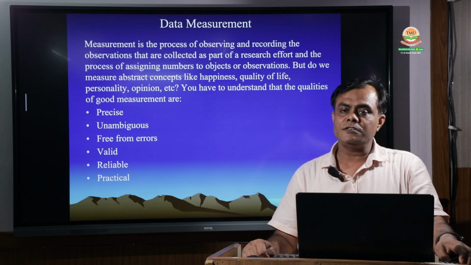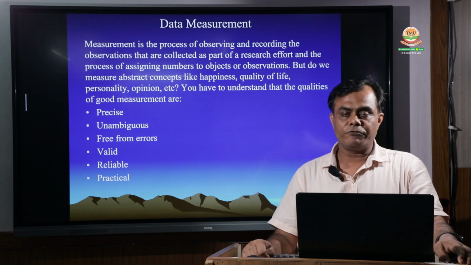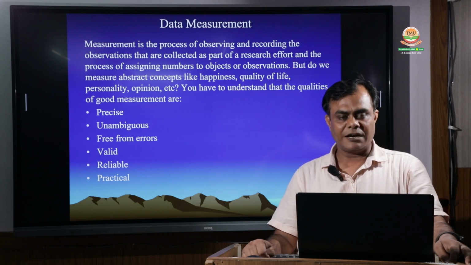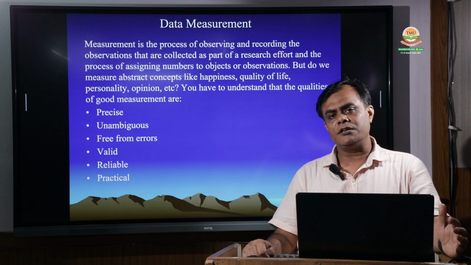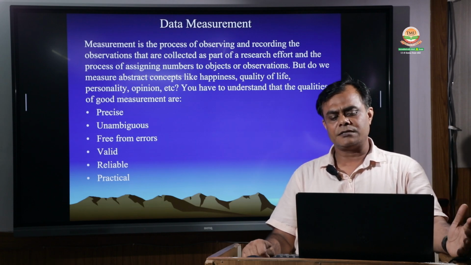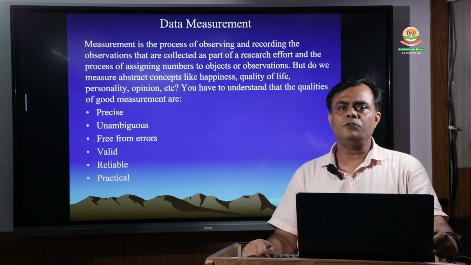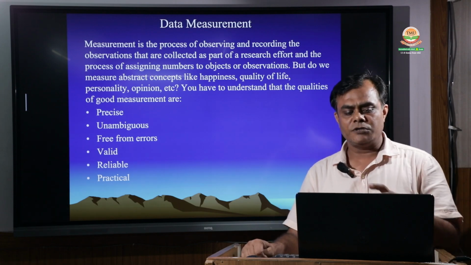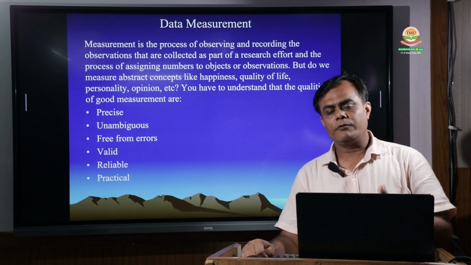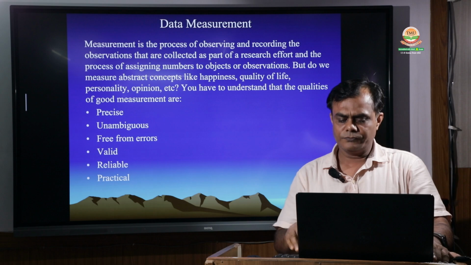First, it is precise, unambiguous, free from errors, valid, reliable and practical. We discussed all these in the last classes, so there is no need to elaborate on this topic. If you want to know more about this slide, you can refer to my last lecture.